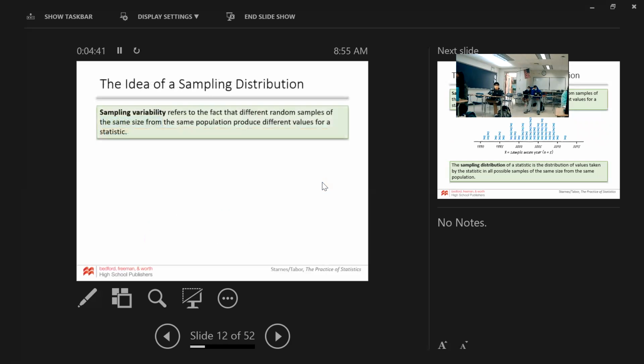Now, ready? Think about this. Sampling variability. So suppose we wanted to collect some data. I want to find out what proportion of students in the high school. So my population is SHS students. And I want to find out what proportion of SHS students bring their lunch.